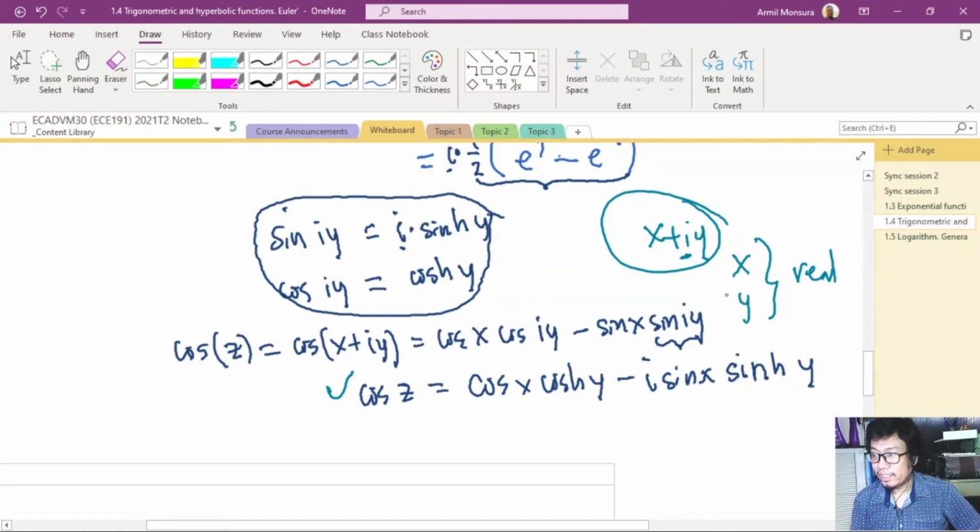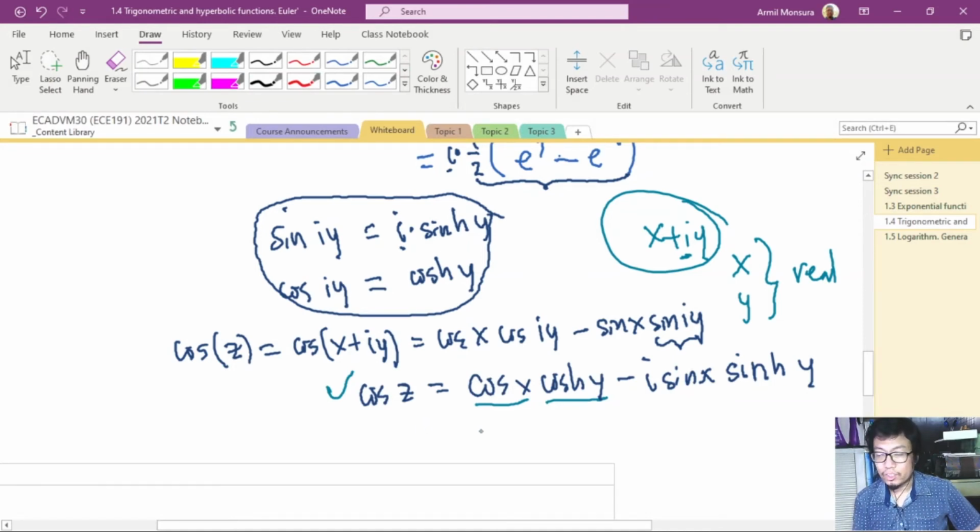That is why if you substitute these real numbers to the cosine function and to the hyperbolic cosine function, we'll still have a real number as an answer. So the product of trigonometric cosine of x times hyperbolic cosine of y is basically a real number, and that forms the real part of cosine of z.